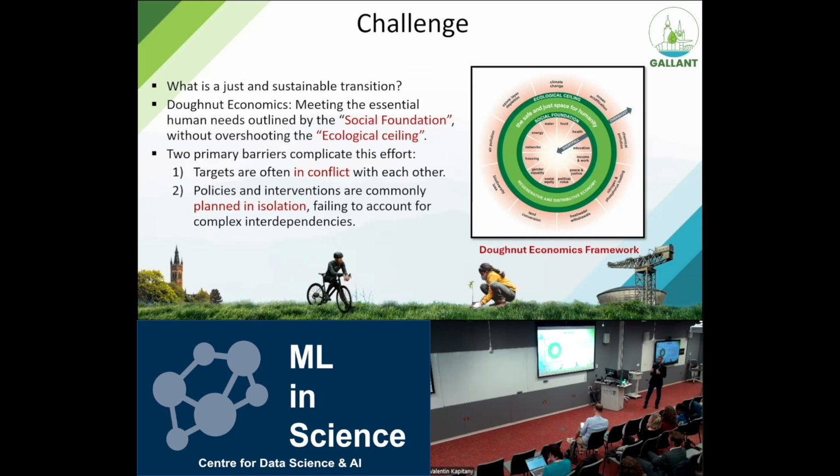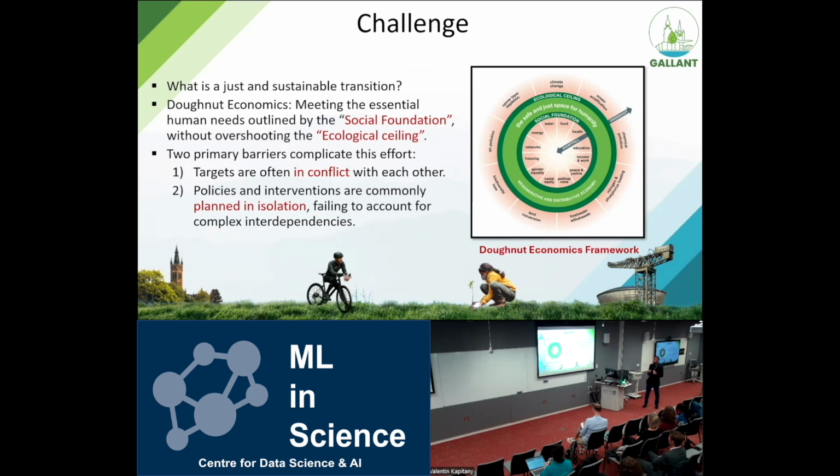So in order to remain within that sweet spot in the middle ring of the donut, we need a healthy balance between sustaining social targets and pursuing environmental outcomes.